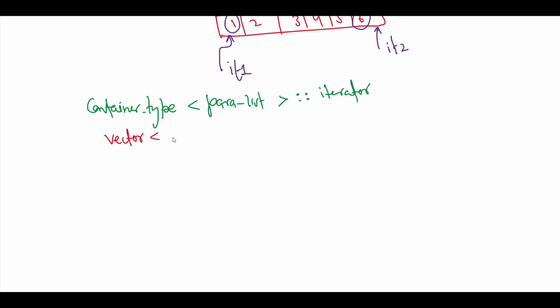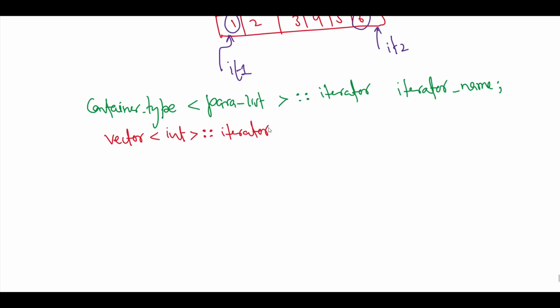Then if you want an iterator for a vector which has integer values, you have to use vector int, scope resolution operator, then iterator, right? And when you are done with this, you use an iterator name, and then you can use a semicolon, right?